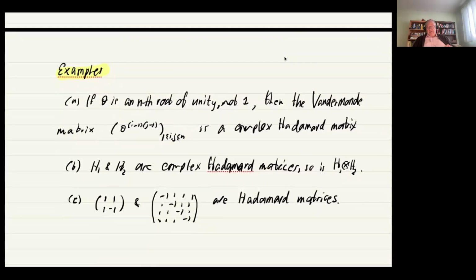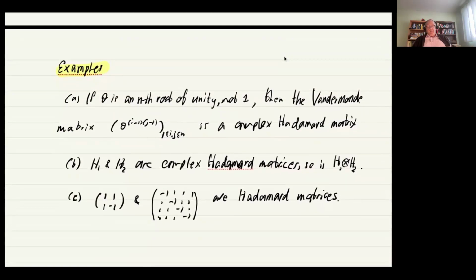The examples I want to give for a complex Hadamard matrix: take theta to be an nth root of unity, not the identity, then the Vandermonde matrix is a complex Hadamard matrix. The next thing is if H1, H2 are complex Hadamard matrices, so is the Schur product.